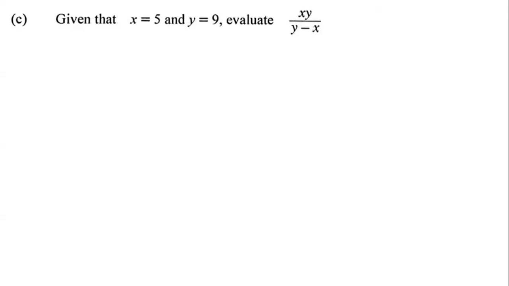All right, good. So what we have to do for this one? We have x is equal to 5 and y is equal to 9. What are we going to do?